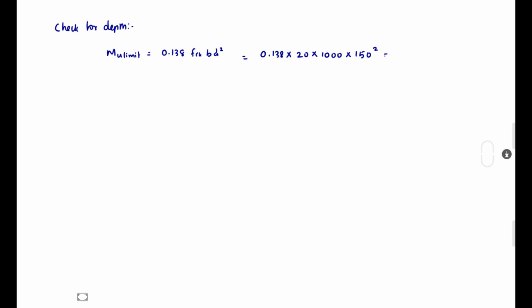Now we got the value of 62.1 into 10 power 6 Newton mm. Our moment is 5.25 into 10 power 6, that is less than 62.1 into 10 power 6. So MU is less than MU limit, so this is an under reinforced section, so depth is safe.